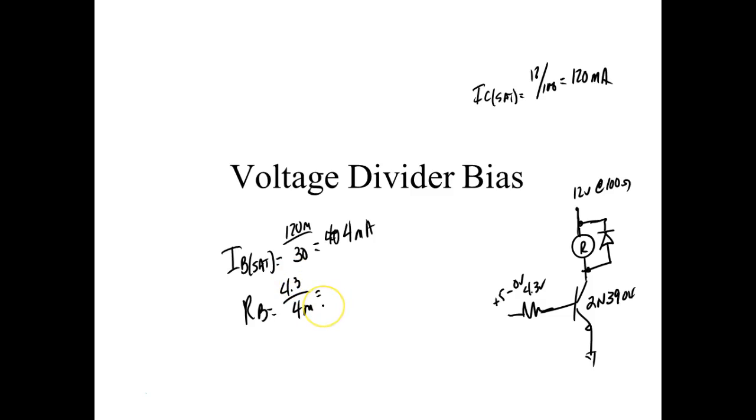So what size resistor would we use? Our calculated size would be what? No, we're taking a big number, 4.3, and we're dividing it by a fraction.